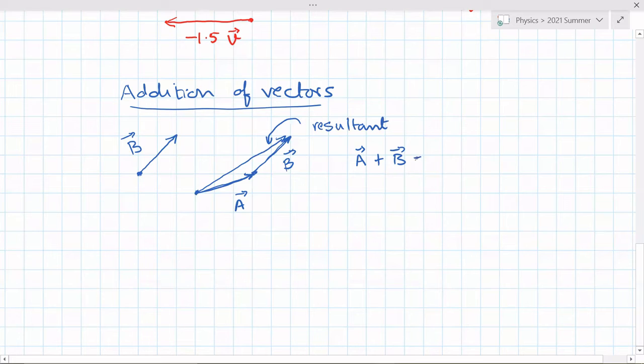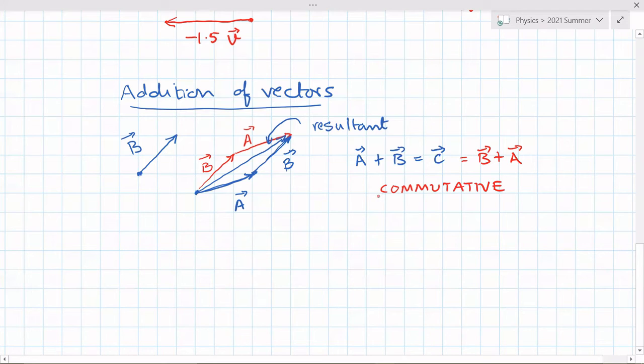And if, let's say, I call it vector C, so it's still a vector. If I start from the same spot, I could draw B first and then A, which is also the same sum. So that means vector addition is, what's the meaning of commutative?